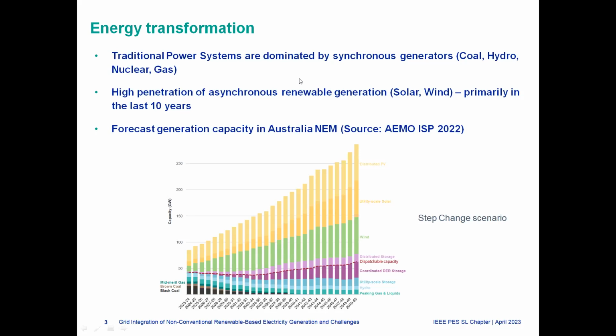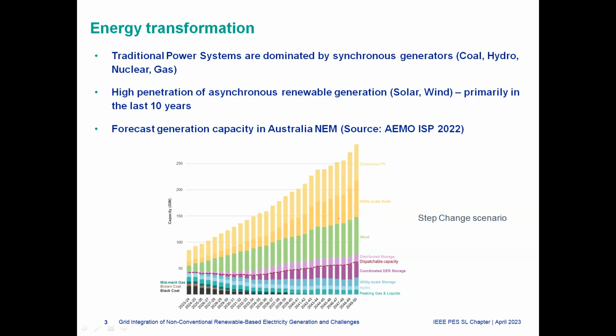And if you look at this plot below, this is the forecast of generation in the Australian national electricity market. We can see there is a massive increase of solar generation, distributed PV. They are mostly residential solar and also commercial solar. Then utility scale solar, that is more solar farms, then wind also mostly wind farms.